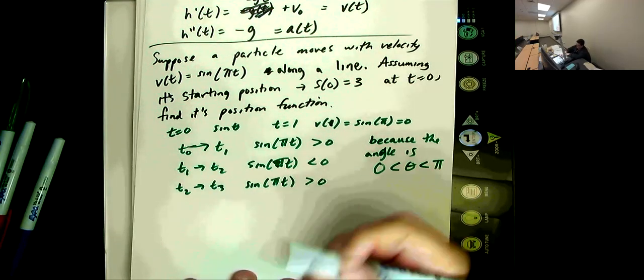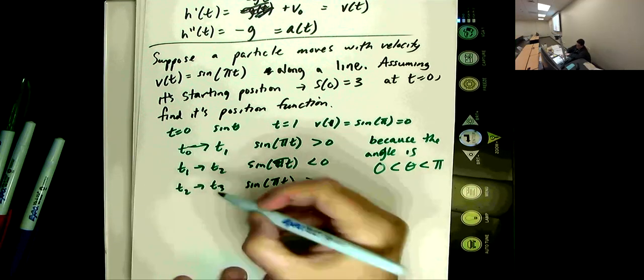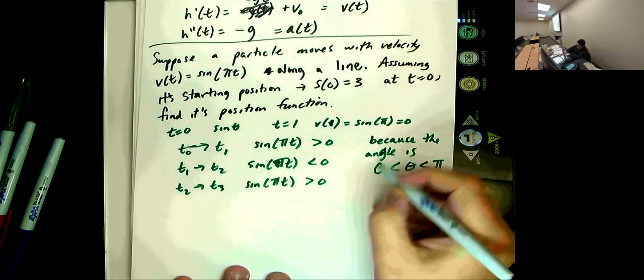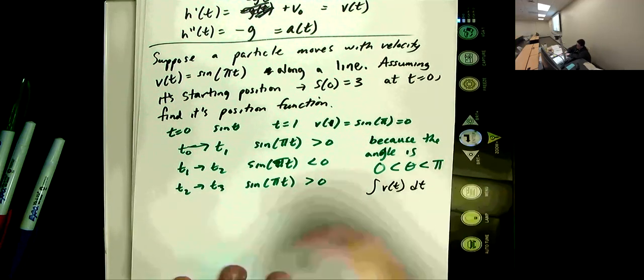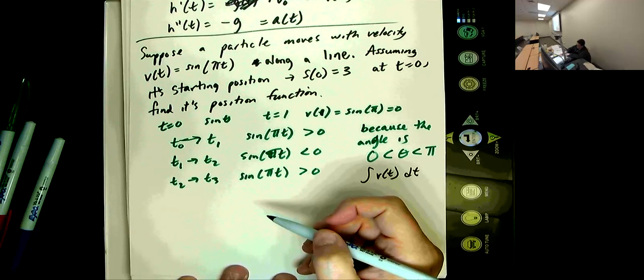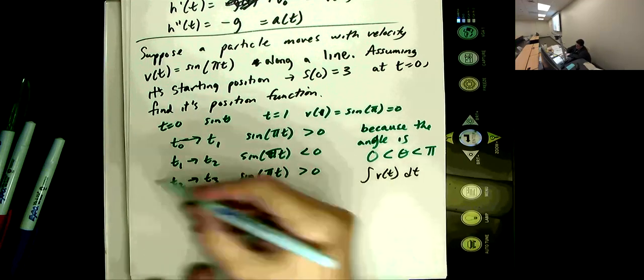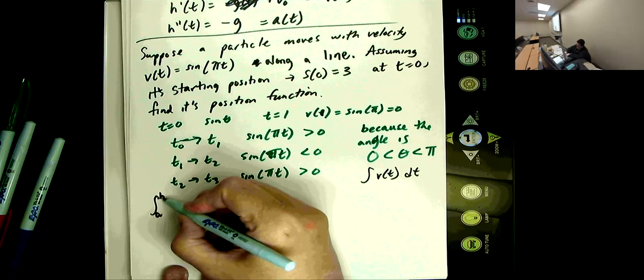We want the position function. The position function is gonna be the integral of v of t. So we're gonna do that. I'm just gonna leave in generic a and b right now.